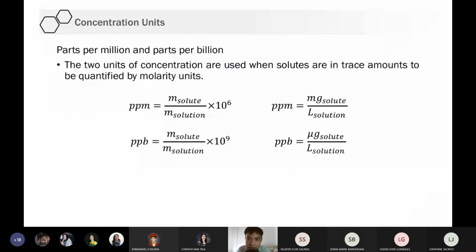Next, concentration units. Dalawa to. So, parts per million and parts per billion. So, what's the difference between the two?